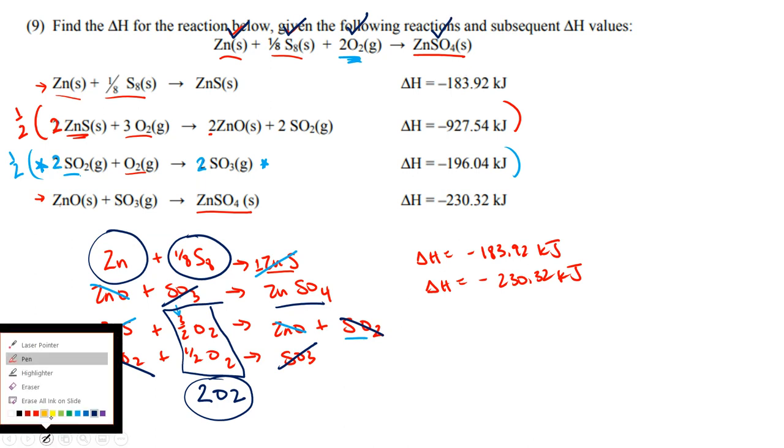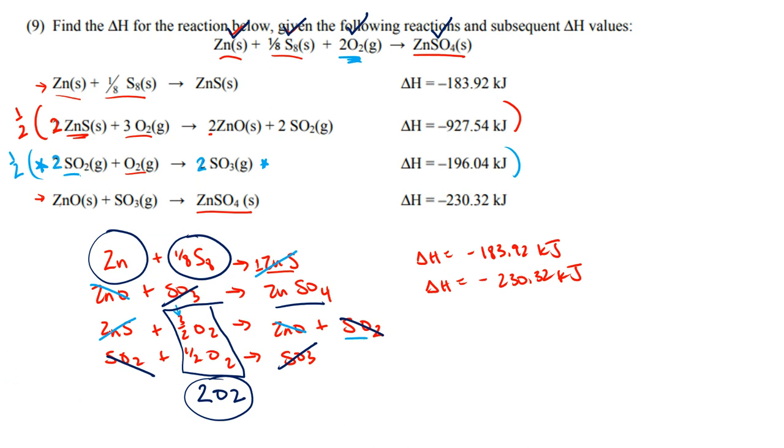I forgot to write down my delta H's for these reactions. So ZnS and the 3 halves O2, it was this guy. We didn't change the direction, but we did chop it in 1/2. So our delta H is going to be 1/2 of 927, which is negative 463.77 kilojoules.